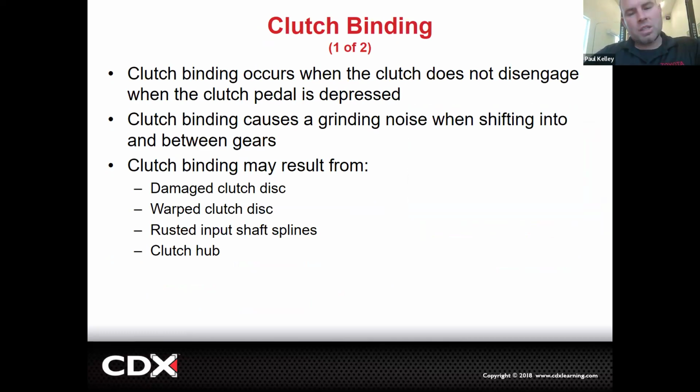Okay, binding, let's think about that. Binding could be something not moving freely. Like that clutch hub, sometimes that gets a groove worn and then that release bearing gets stuck on that groove. Clutch binding could mean a couple different things, but let's just say the disc was stuck applied or stuck released, or it has a hard time transitioning.